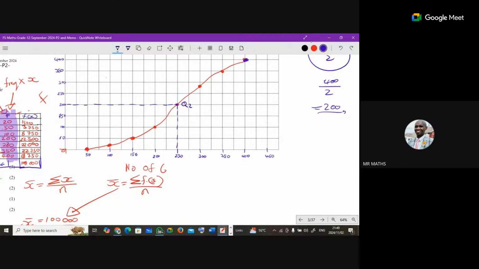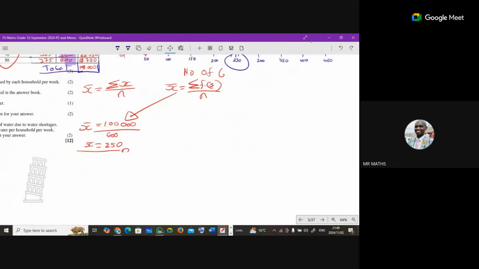So your median is at 250. Are we together? Yes. So your median will be 250.